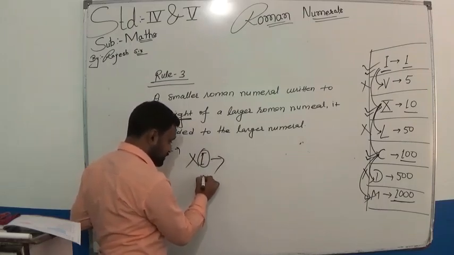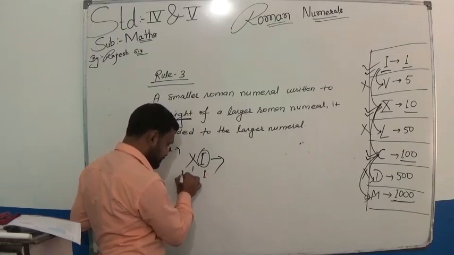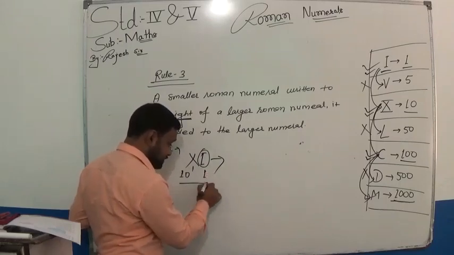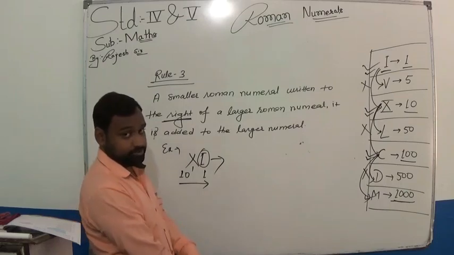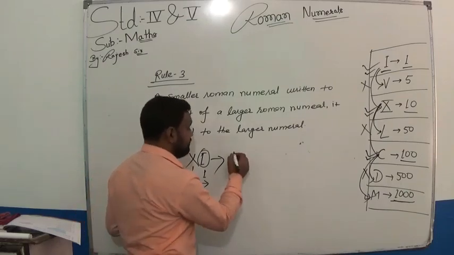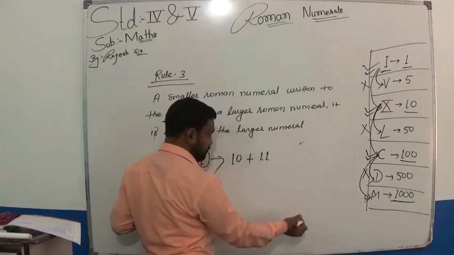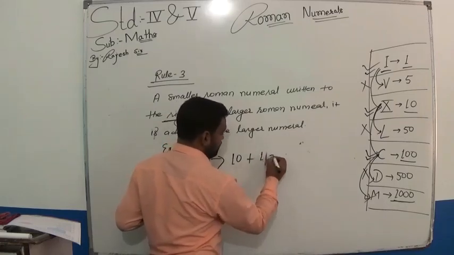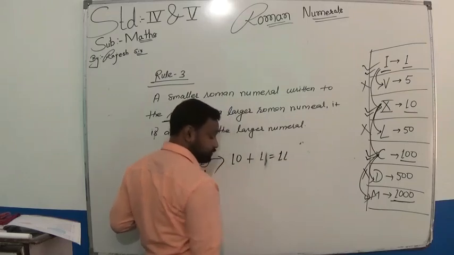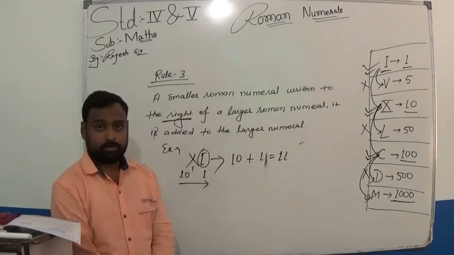This is the smaller, because it is 1 and the other is 10, and it is to the right of the larger. Then it becomes 10 plus 1, which means 11.